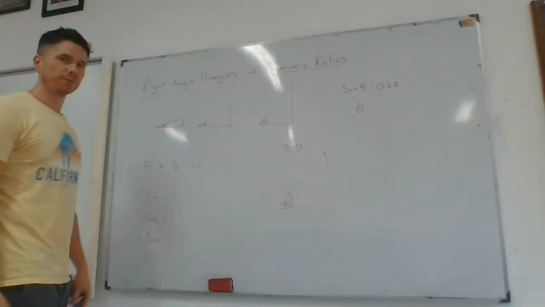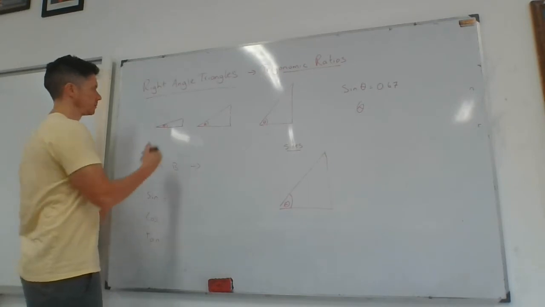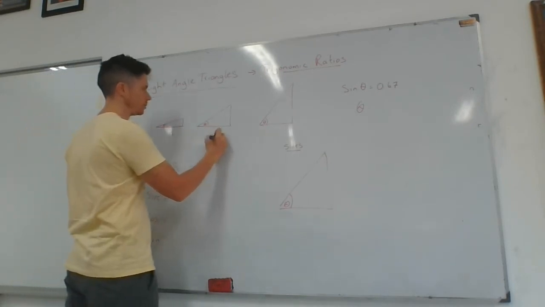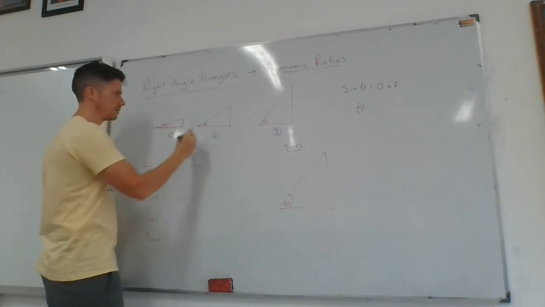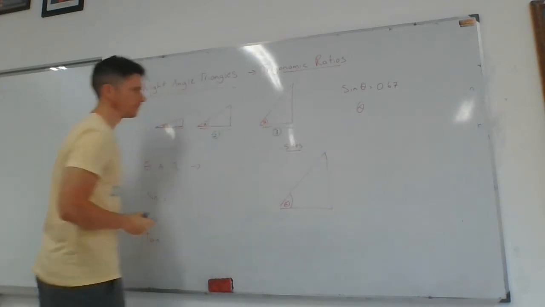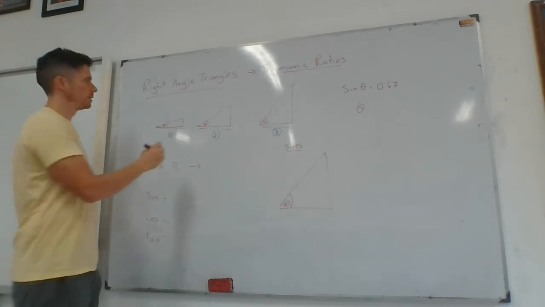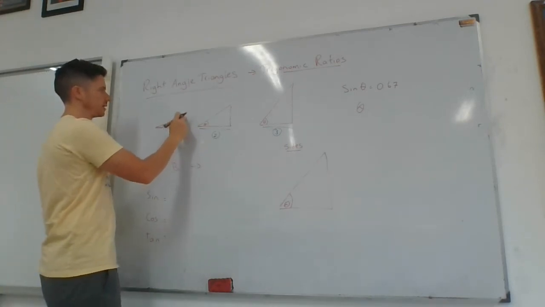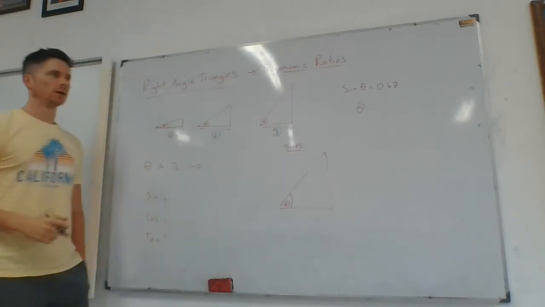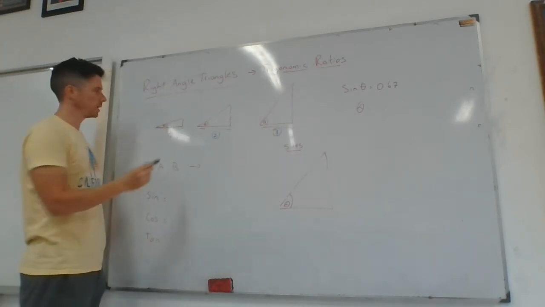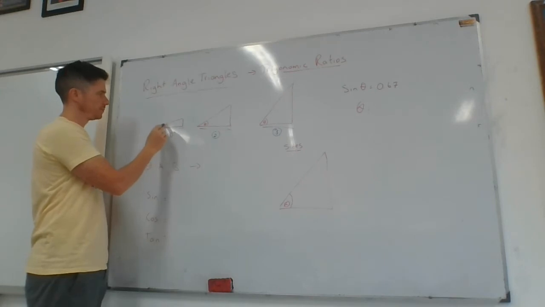Okay, so in right angle triangles, I'm going to look at these triangles here, 1, 2, and 3. I've kept the bottom length the same for each one, but I've increased this side, it gets bigger and bigger. Now, what do we notice about this angle?